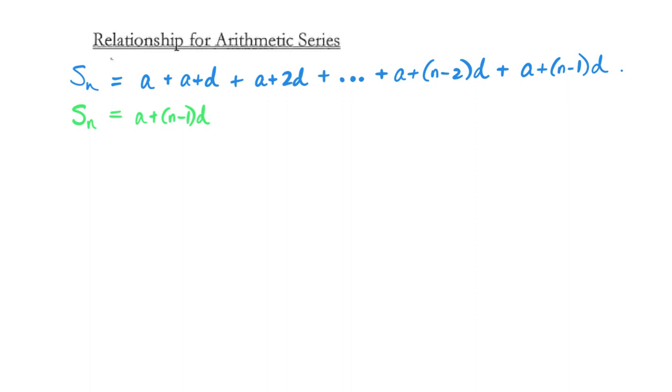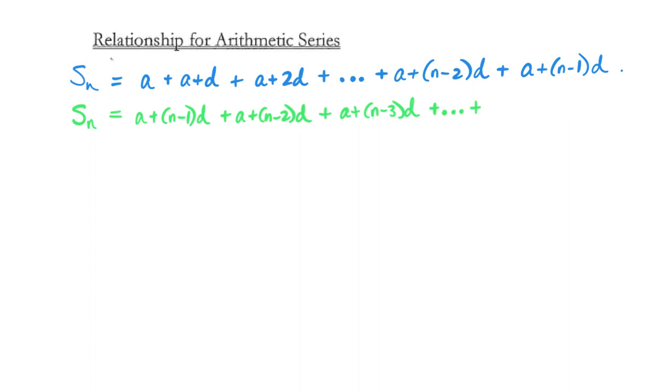My second last term of a plus (n minus 2)d now becomes my second term. We don't see it in the blue series, but let's get it down in the green. My third last term of a plus (n minus 3)d now becomes my third term, and so on and so on.